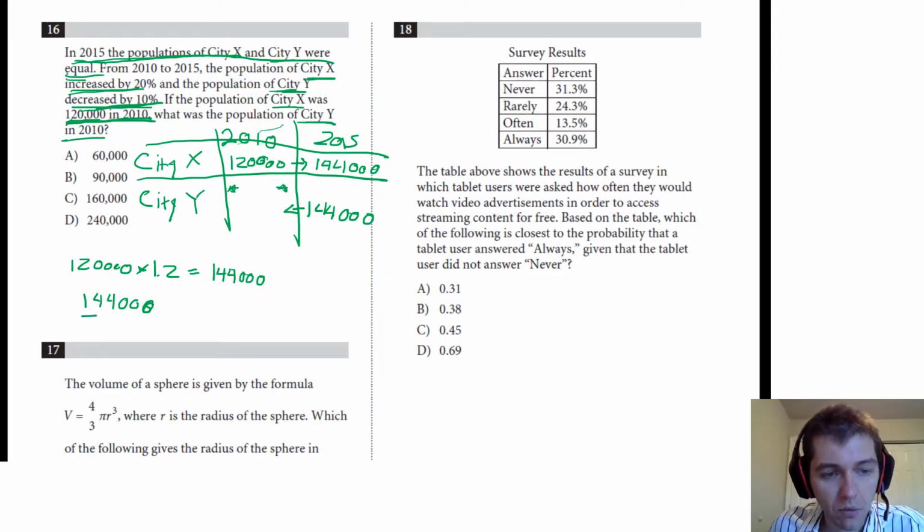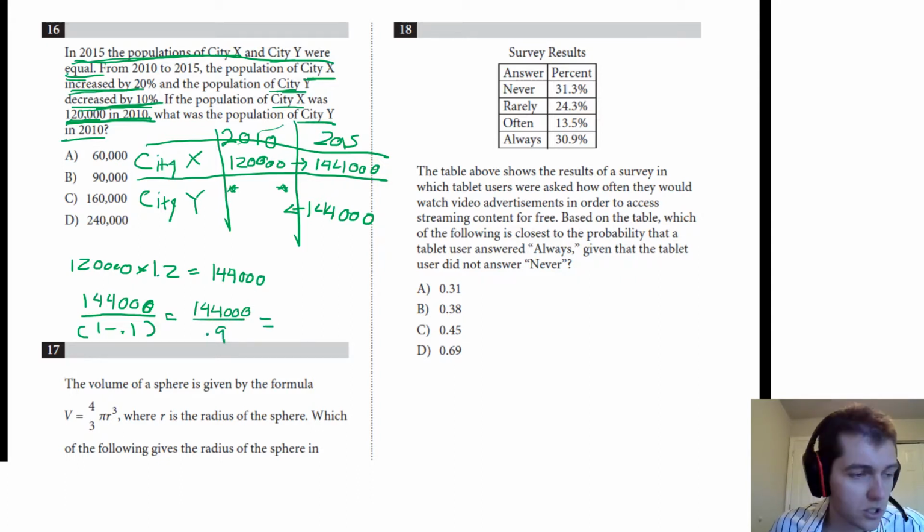So you'd have that 144, and this will be 1 minus that 0.1 because it's a decrease in population, which is equal to 144 divided by 0.9. Again, calculator section, plug it in. You will end up with 160,000. Is that right? Right, because the population was declining. So in 2010, it would have been larger.